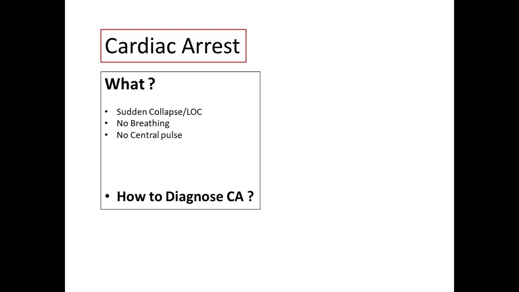In that case, after about 1 minute of failed IV cannulation, you should go for an intraosseous line. Those are the main basic differences. Neonatal resuscitation, meaning newborn resuscitation, is totally different from these two.